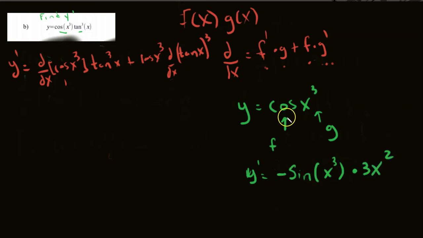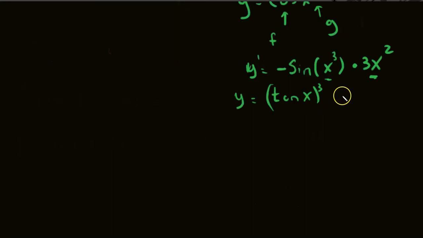So you take the derivative of the outside function, you leave the inside alone, and multiply by the derivative of the inside. Let's do the same with this tan x cubed over here. Let's see what functions this is composed of. So we can see that this kind of looks like this, right?